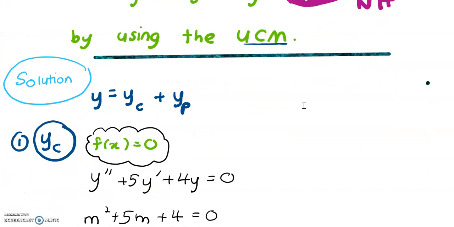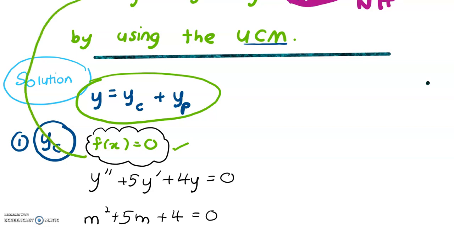So the solution is y equals yc plus yp. We must begin our solution by finding yc first. How to get yc? We must equate our f(x) to 0, so that our actual question becomes y'' + 5y' + 4y = 0.